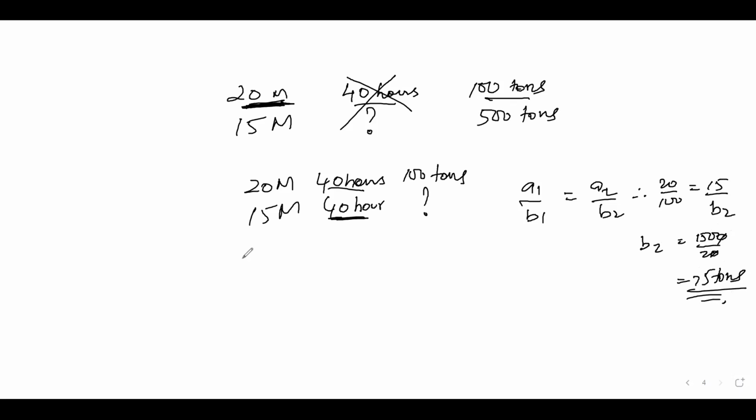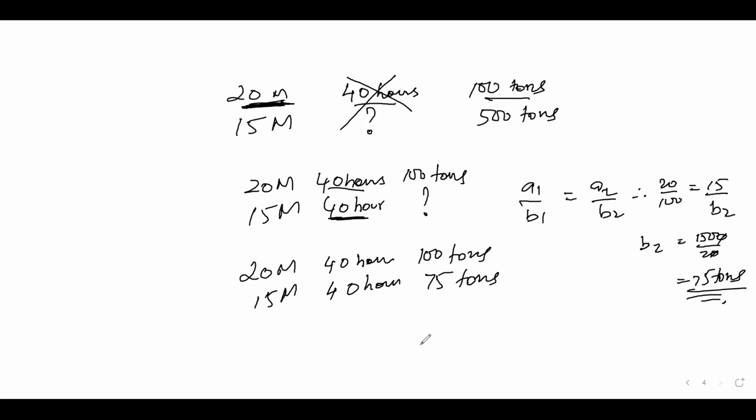And now we use this response as a second expression. 20 machines, 40 hours, 100 tons, 15 machines, and these 15 machines take 40 hours for 75 tons, correct?